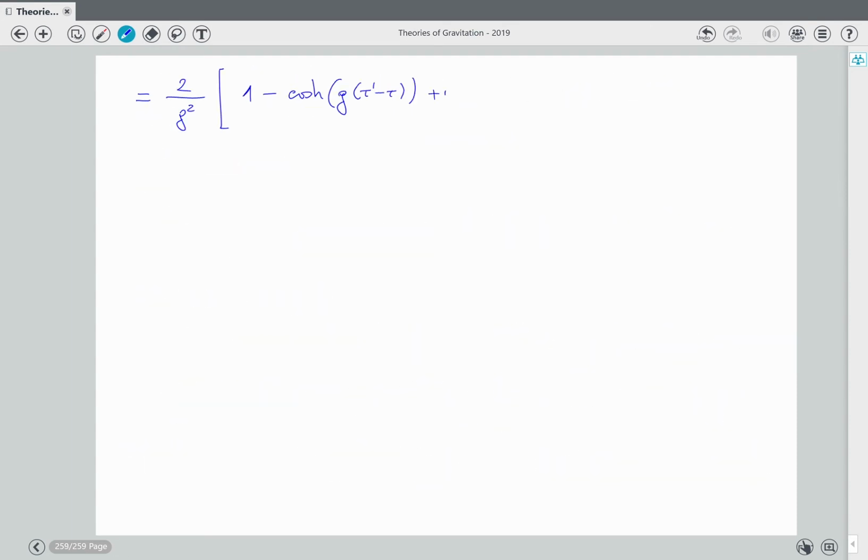Plus i epsilon bar hyperbolic sine g tau prime hyperbolic sine g tau. Remember that these steps I'm calculating you won't find in textbooks. They will just jump to the result, and who knows how they get there.